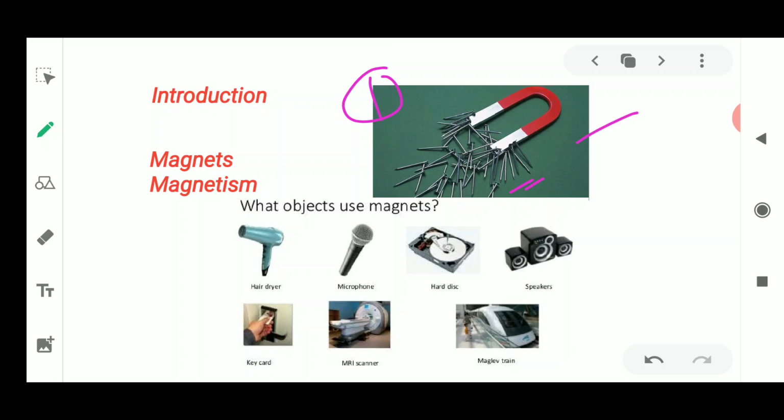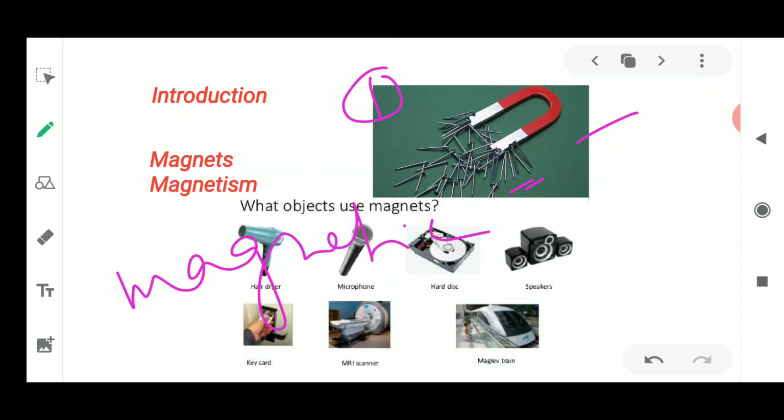these iron nails. Based upon this concept, materials are of two types: magnetic materials and non-magnetic materials. Magnetic materials are those which are attracted towards magnets.